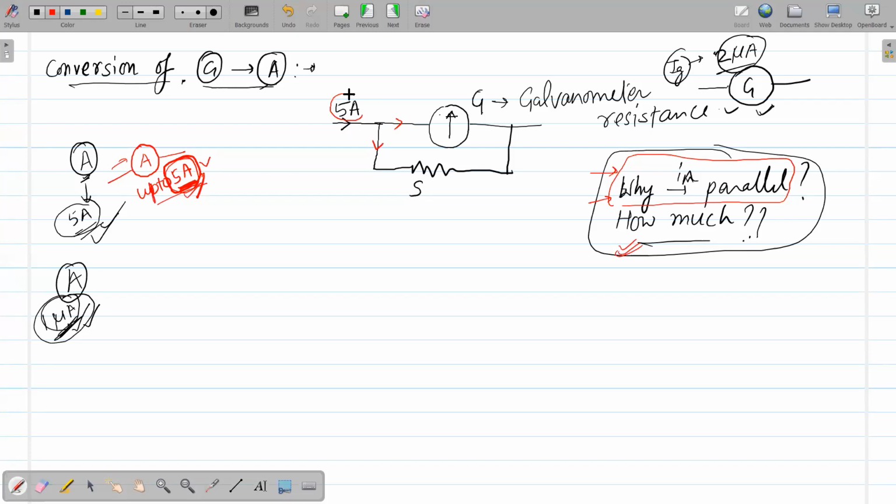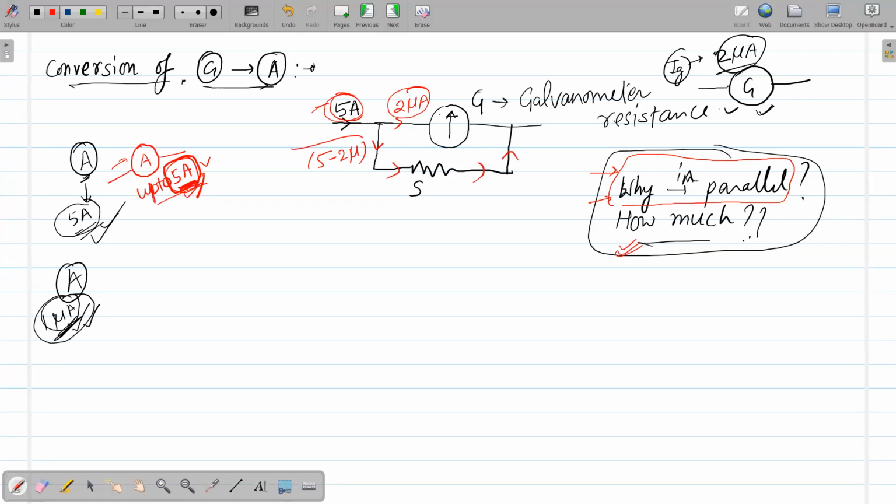So let's pass 5 ampere current, the maximum value, through it, and we manage this resistance in parallel in such a way that when 5 ampere, the maximum value, is allowed to pass, then only 2 microampere, which is the maximum value for this galvanometer, passes through it, and the rest of the current passes through this parallel resistance, that is 5 minus 2 micro, like this.